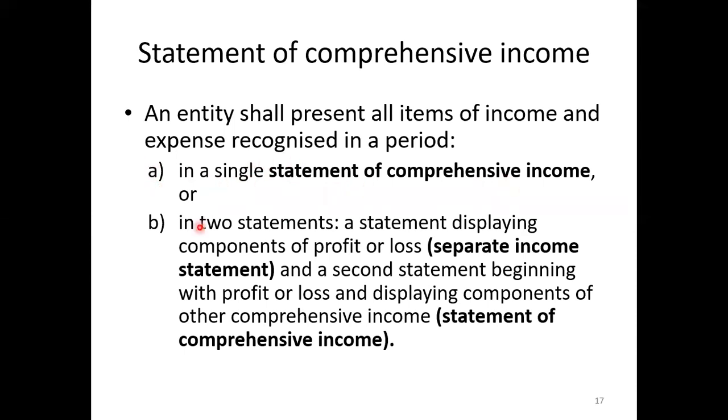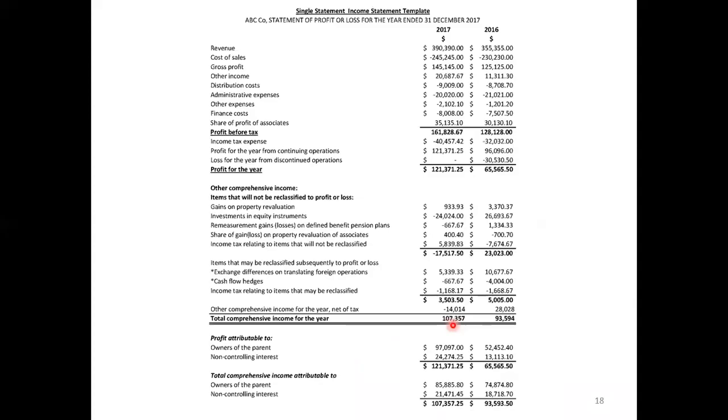The second one is two statements: a statement displaying components of profit or loss, a separate income statement, and a second statement beginning with profit or loss and displaying components of other comprehensive income. I will show you the second part also.